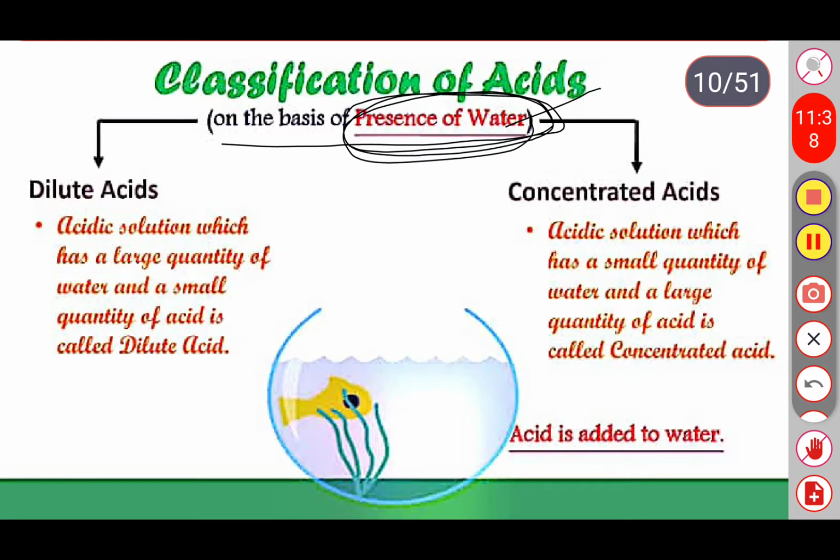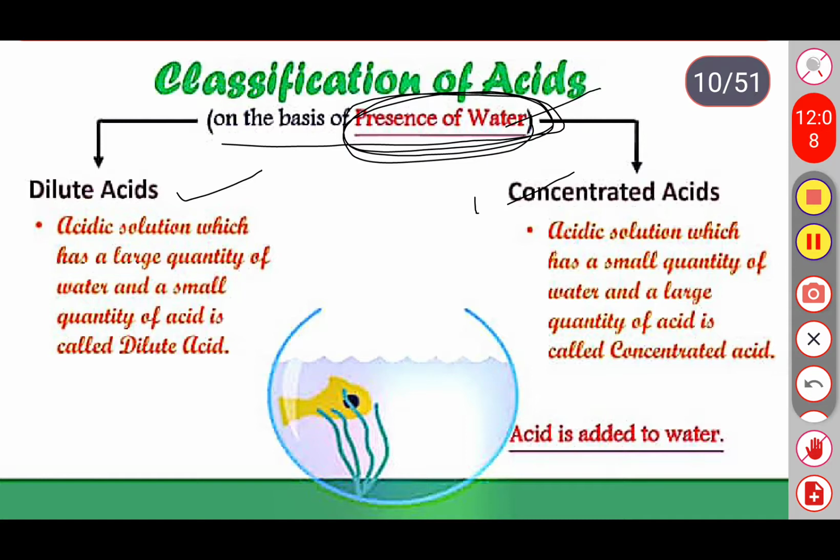On this basis, we classify acids into two types: first one is dilute acid and second one is concentrated acid. How do we classify them? An acid solution may be concentrated or dilute depending upon the amount of acid present in the solution.